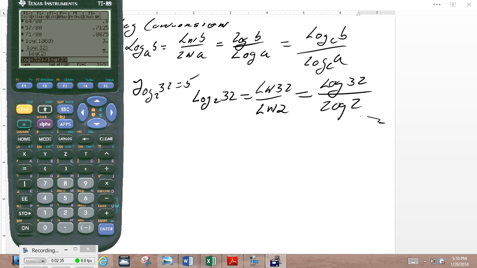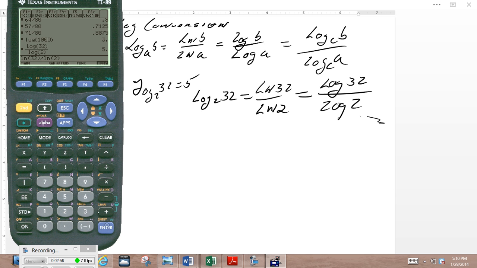And then if you wanted to use the natural log, that's right on the keypad, a secondary key: ln of 32 divided by the natural log of 2. And again, that reveals 5.